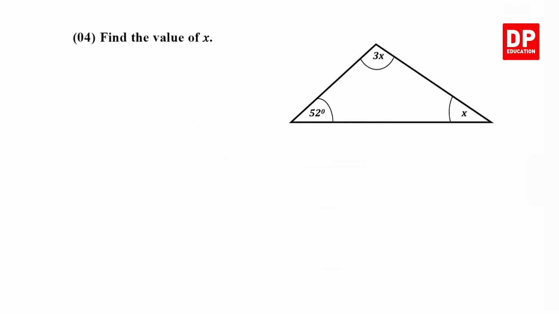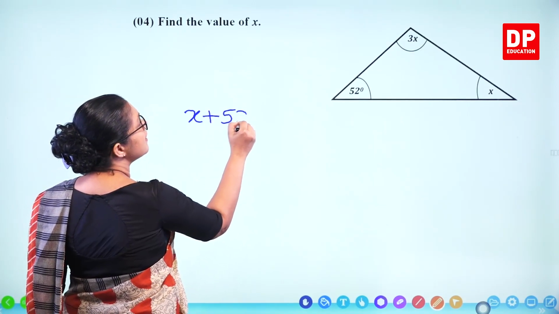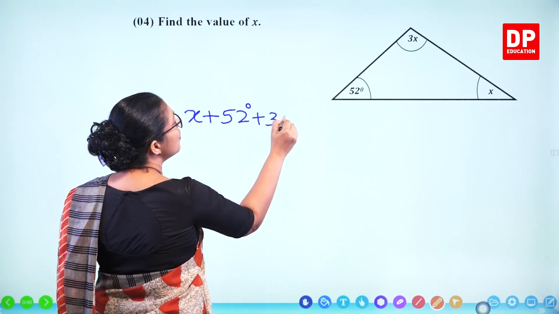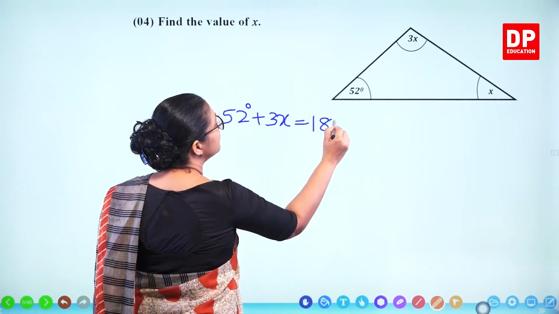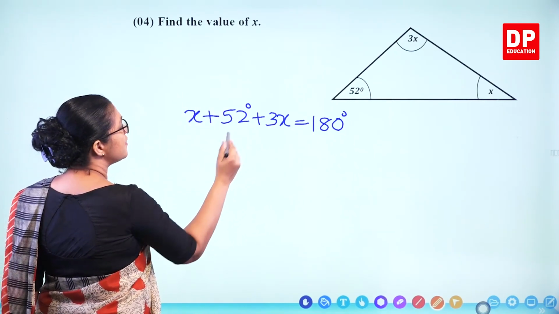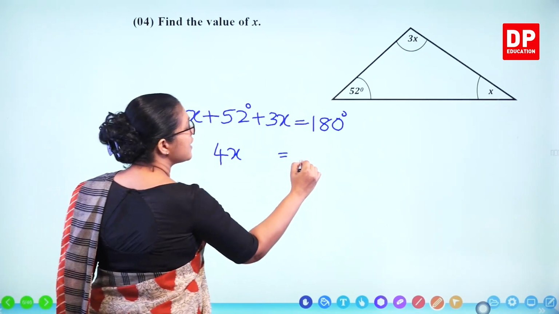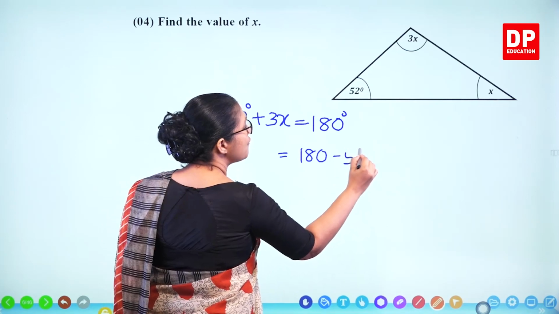Question number 4. Find the value of x. We know the sum of angles in a triangle is equal to 180. So we can find x. x and 3x becomes 4x, and take 52 to the other side, that means you subtract 52.